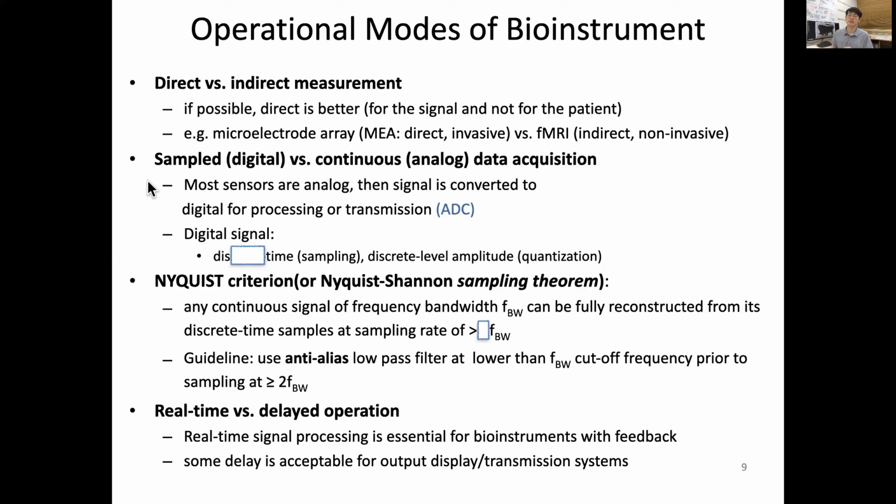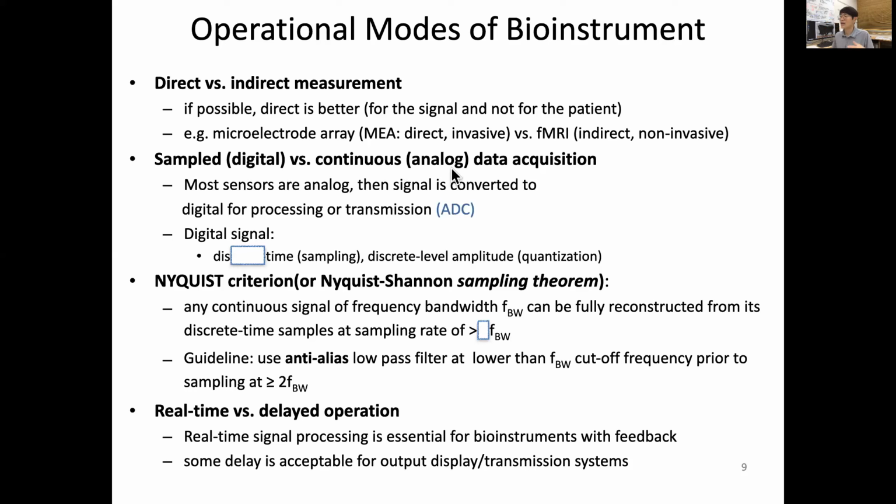Now let's discuss the majority of the signals, which are in fact continuous data, which is by itself analog. However, the majority of our processing is done by computer, which means it's digital, and we have to sample in terms of time and in terms of the level of the quantity of the signal itself.